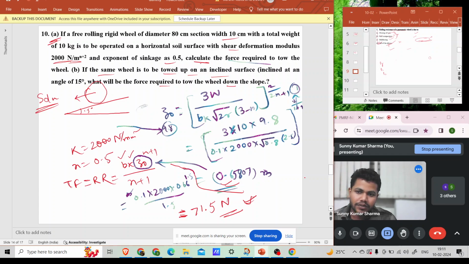It will slide also, I think. Okay, if you are towing it down, 15 degrees is very less. In the tutorial, I think it is up the slope, so you can also solve it for up the slope. We will do it for both. What is the approach? Sivaraman, can you tell what difference will come in this question? The question is the same, just 15 degrees inclination has come, so what will happen in the question?